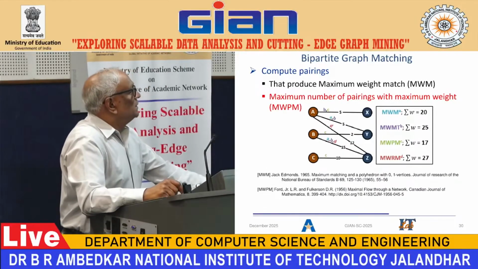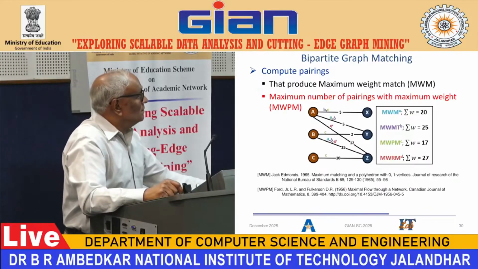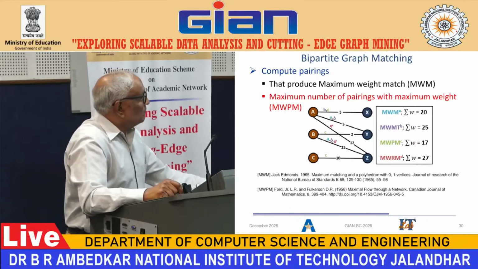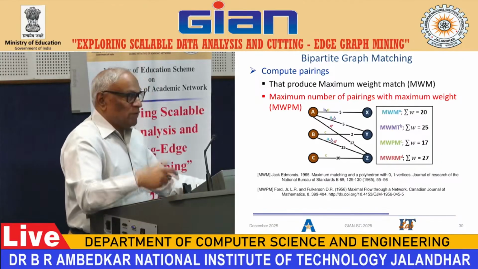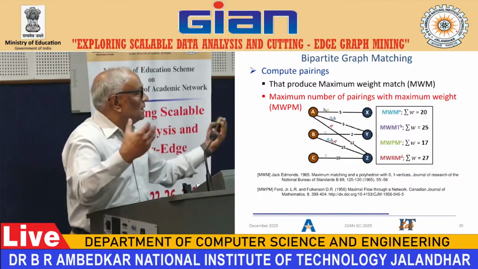So there are different ways of computing or matching. One is the maximum weight match. This is in this color, so that is A to Y, B to C, 15 plus 5, 20. So this is one way of matching. So it's kind of maximum match.